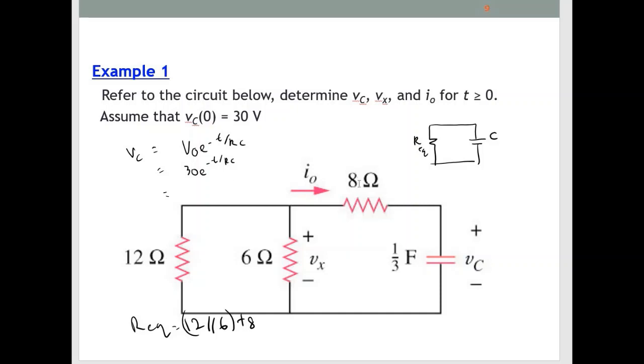But this is how we're going to find the VC and Vx here. But in order to complete the Vx, we need to use voltage divider.